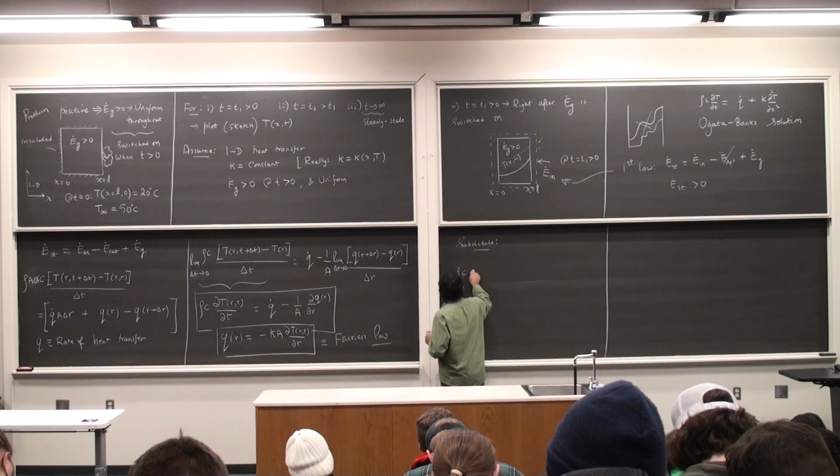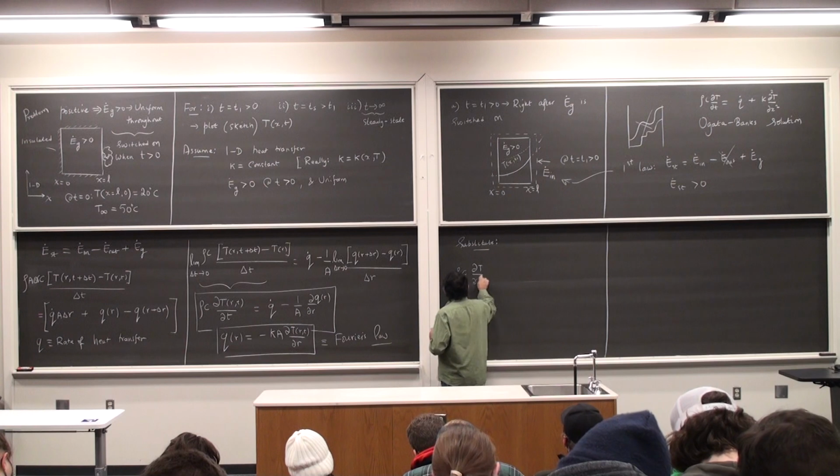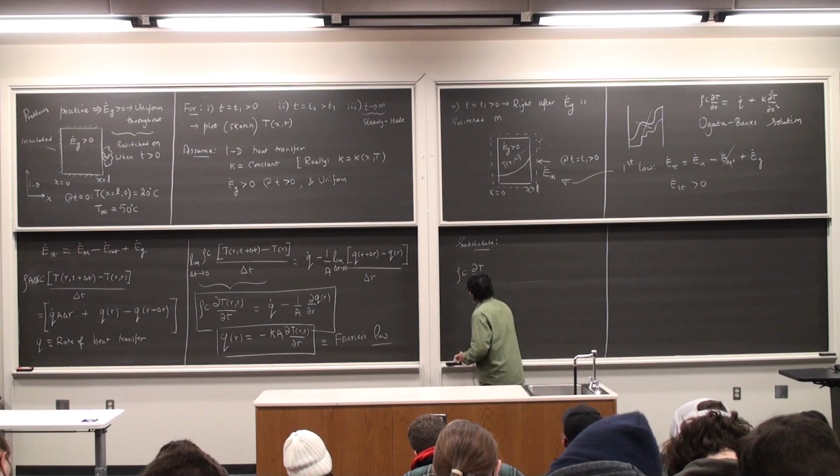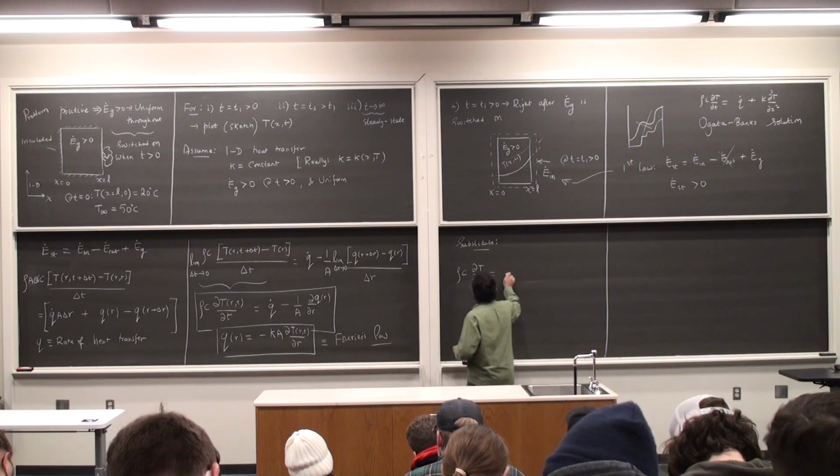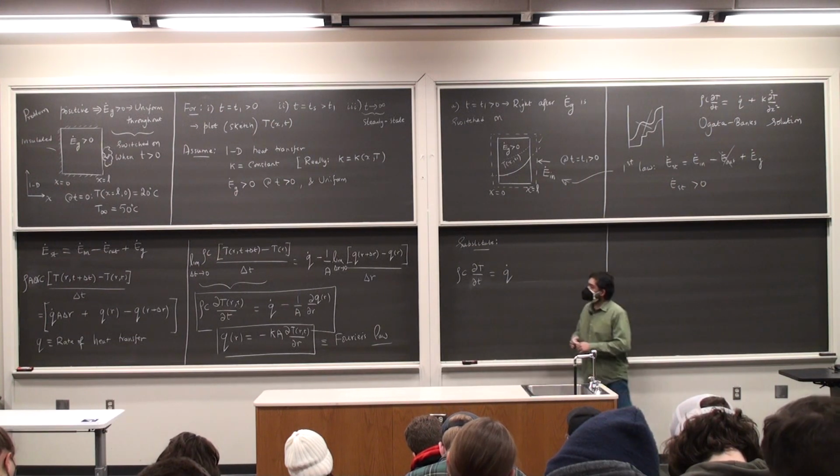So rho times C dT by dt, I'm sorry, is Q dot.